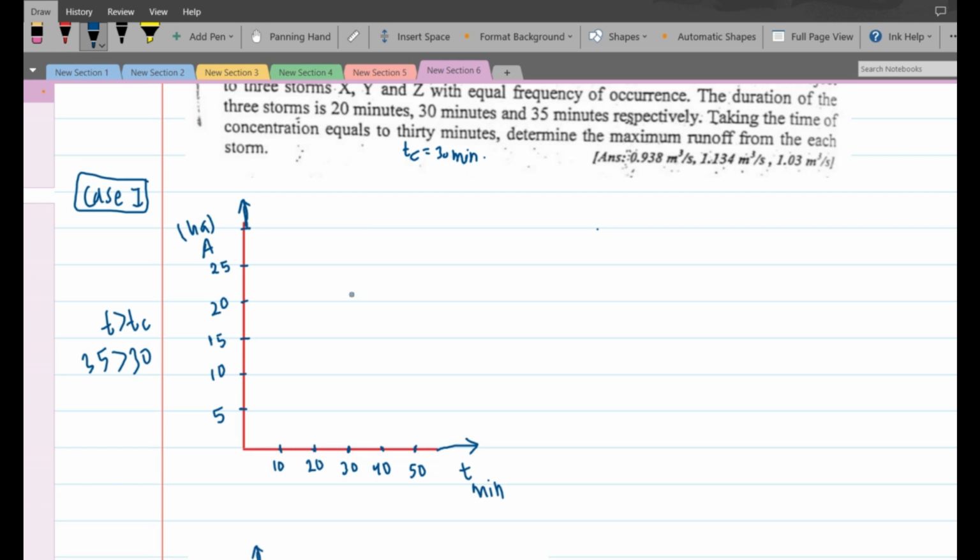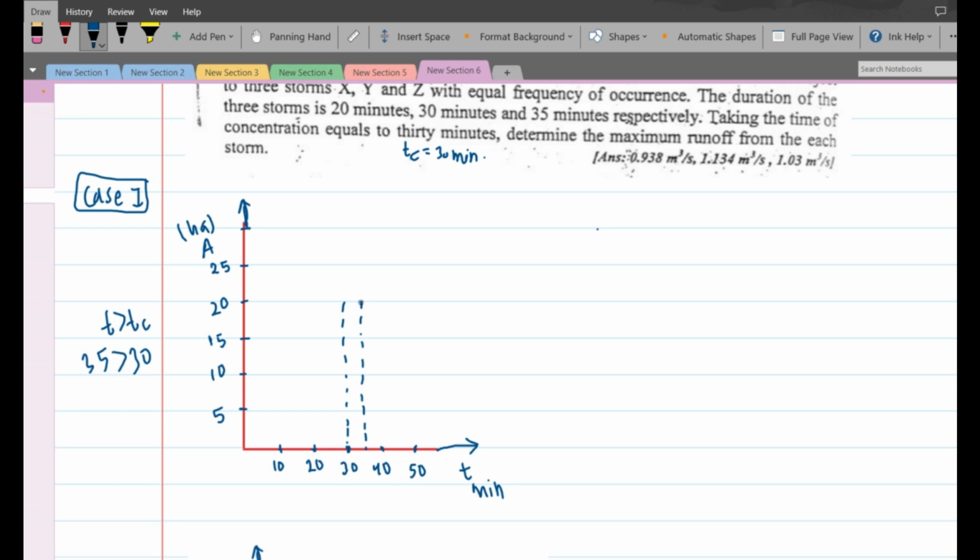In 30 minutes, the whole area of 20 hectares contributes. Here is the 30 minute mark, and up to 35 minutes, the duration of rainfall, the same area will be contributing, right?